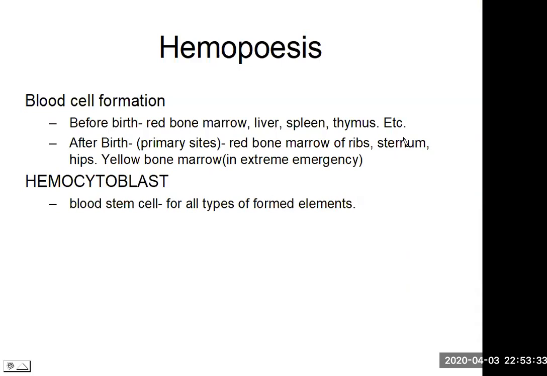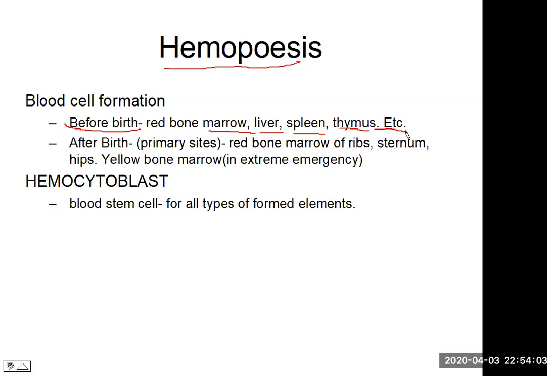So these blood cells, these connective tissue cells, they have their formation, their creation. This term hemopoiesis is one term for the creation of blood cells, the synthesis of blood cells. And we notice in our fetal stages before birth, there's multiple locations that are important for rapidly producing blood cells within the developing fetus.